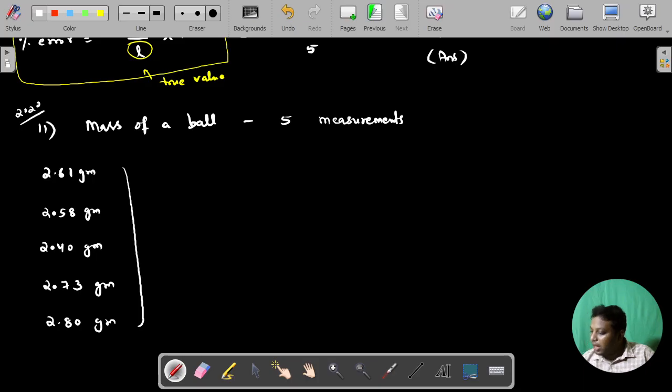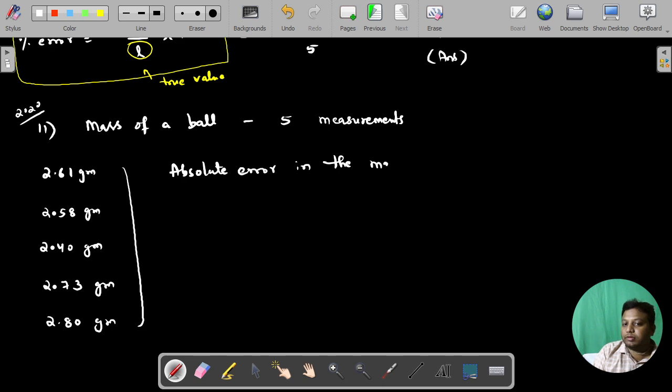They are asking us to calculate the absolute error in the measurement. How do we calculate absolute error? First we should calculate the true value.